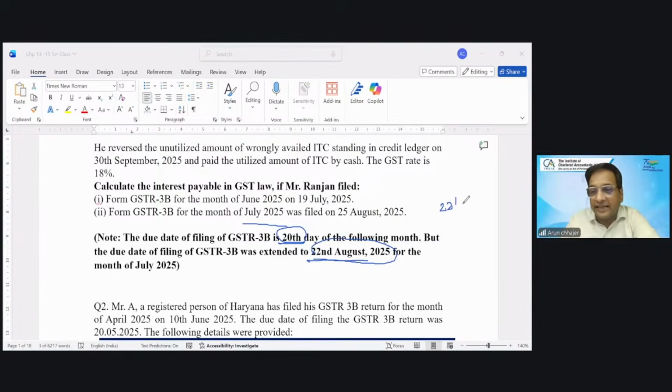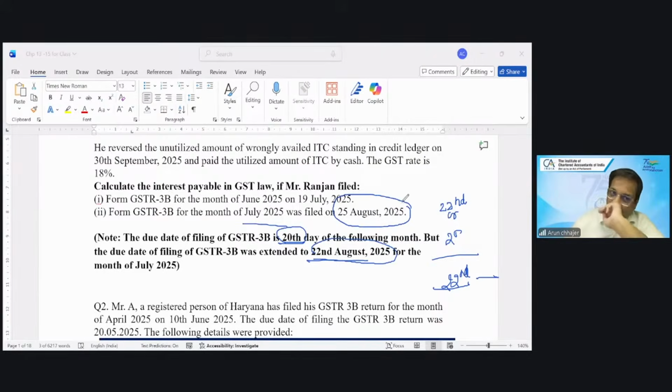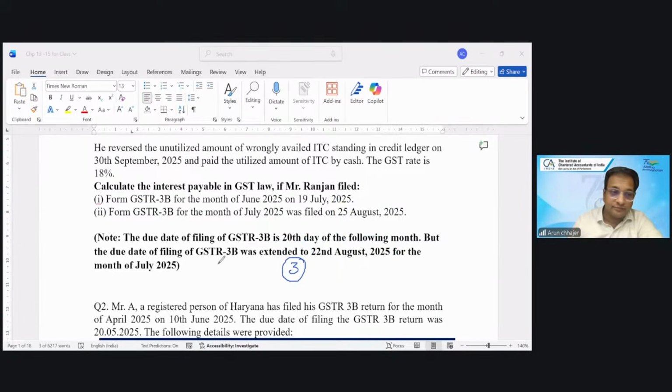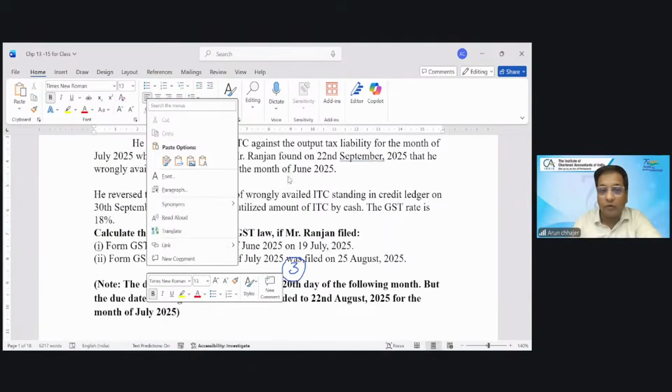So the 22nd August or 25th August, whichever is lower, I can say the 22nd August is the due date, and he filed the same after 3 days. Correct? After 3 days. And 3 days, now.